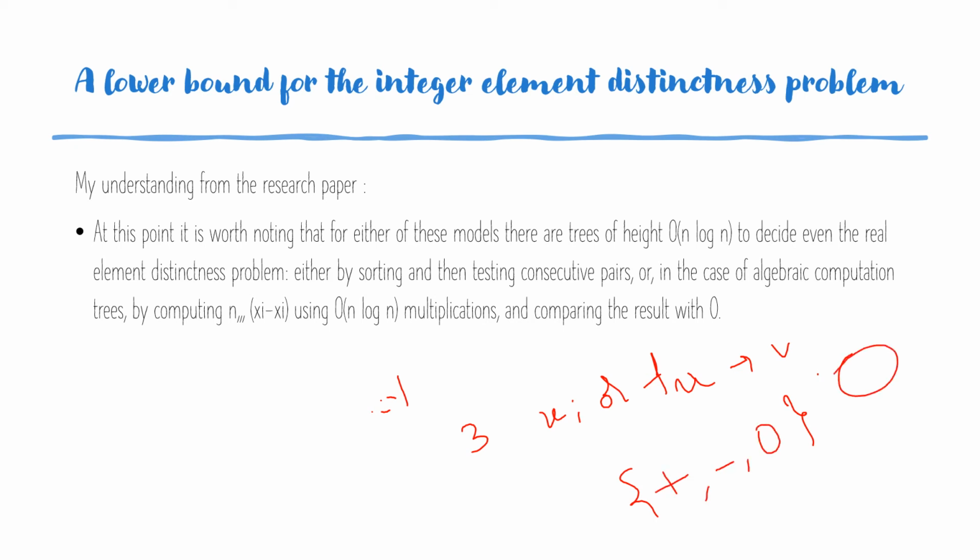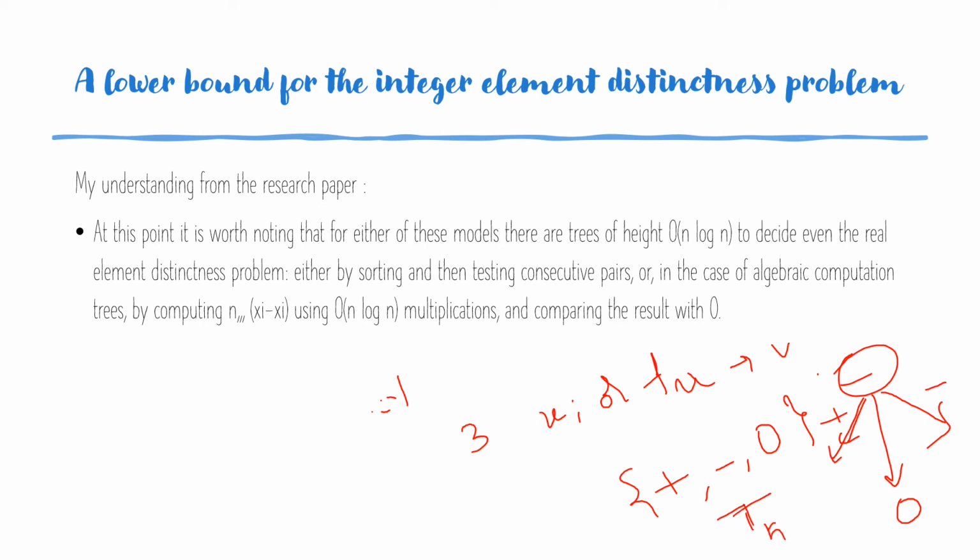So every node is making some computation. If it's plus, the tree goes on one side, and if it's negative, it goes on the other side, and on 0 it takes the third edge. This is how they define the algebraic computational tree T of n with two types of nodes.